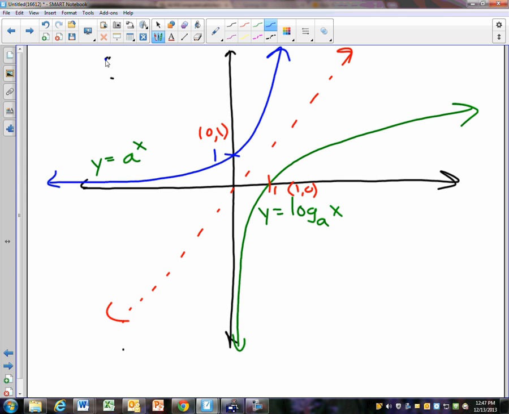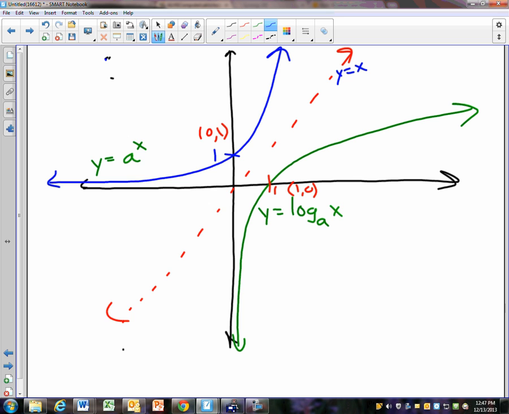They are reflected over the line y equals x. Well, if I take the blue graph and reflect it over the line y equals x, I get the green graph. And the green graph is a logarithm. So you can see instead of passing through the point 0, 1, it passes through the point 1, 0.